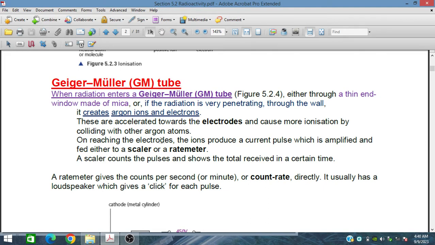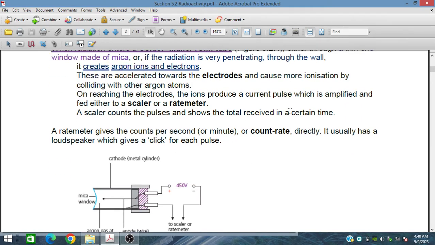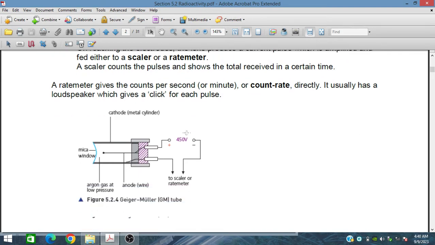On reaching the electrodes, the ions produce a current pulse which is amplified and fed either to a scaler or rate meter. A scaler counts the pulses and shows the total received in a certain time.